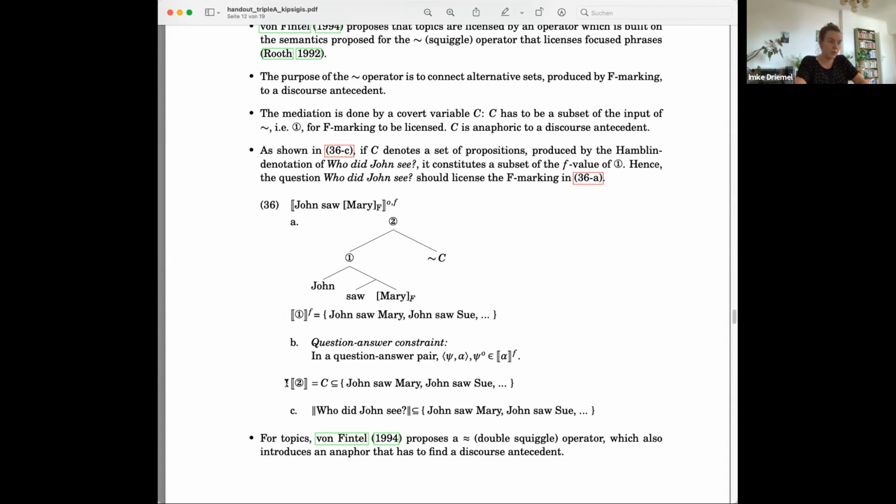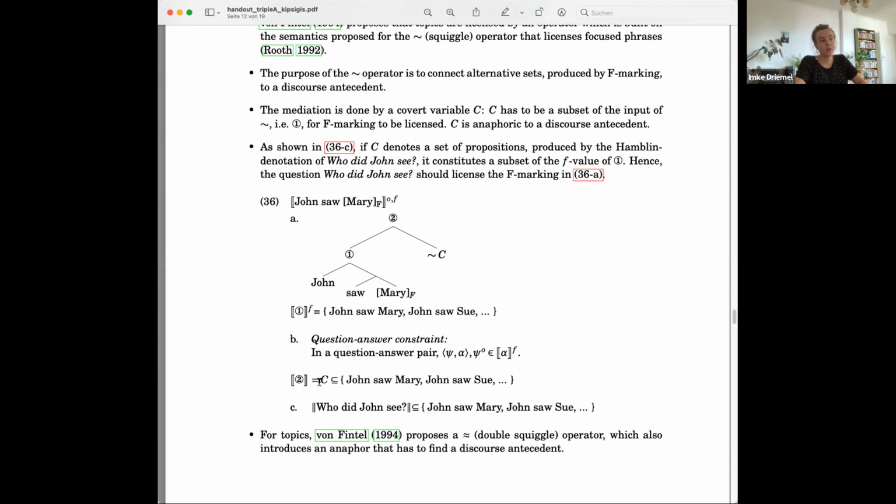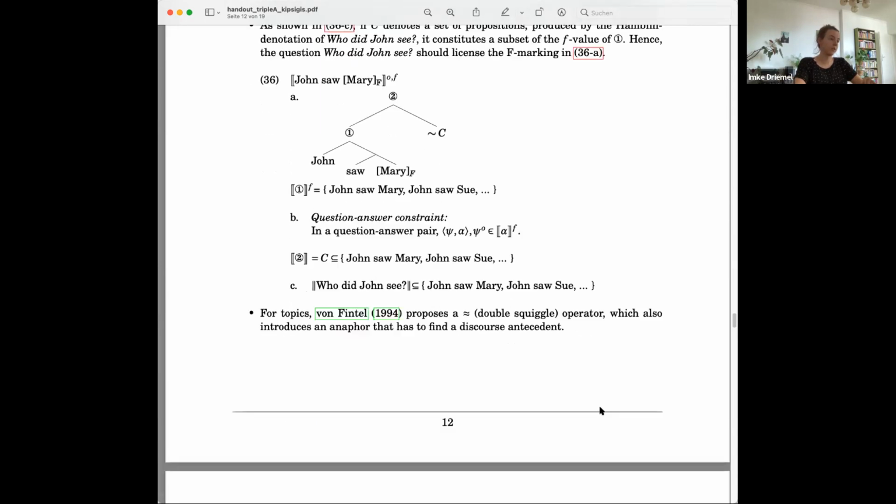This is what we show you here in 2. Under the assumption that C denotes a question like, who did John see? then via the Hamblin denotation, this C constitutes a subset of the set John saw Mary, John saw Sue. All this means is that focus is licensed if C is anaphoric to a question, who did John see? That's a good result.